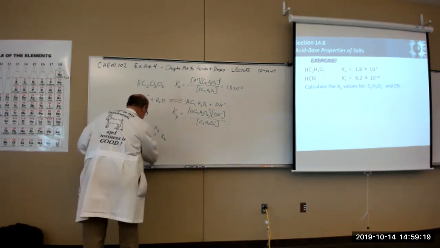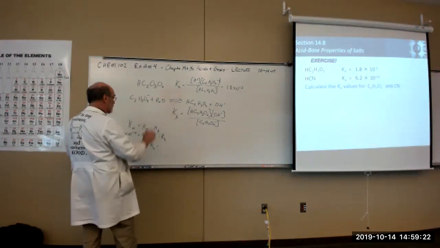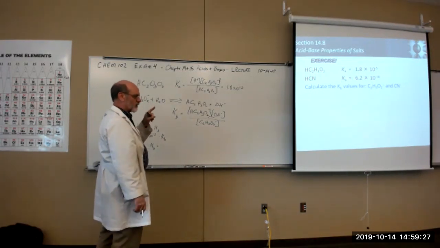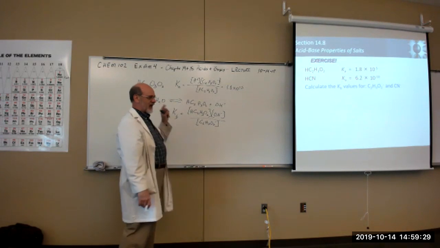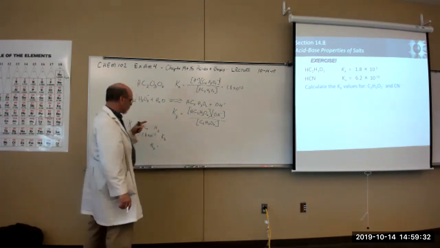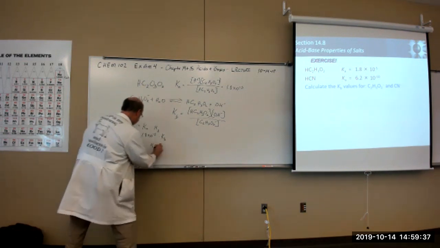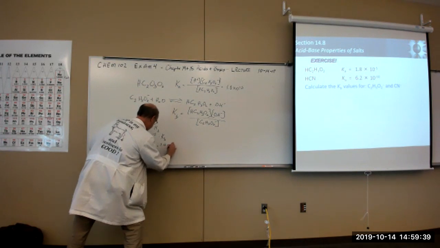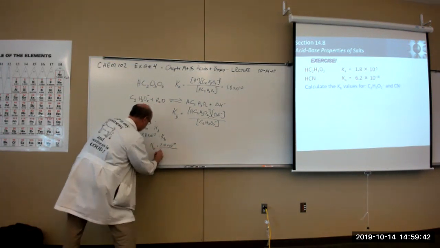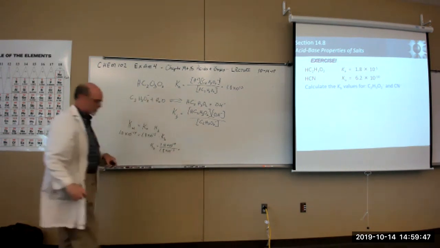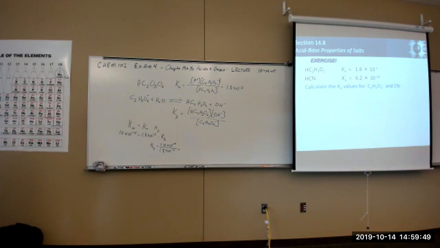So the Kb then is going to be for acetic acid. Actually, the Kb for acetic acid is the wrong terminology. The Kb is for the acetate ion. So this would be that one divided by this one, which is, what did I do with it?